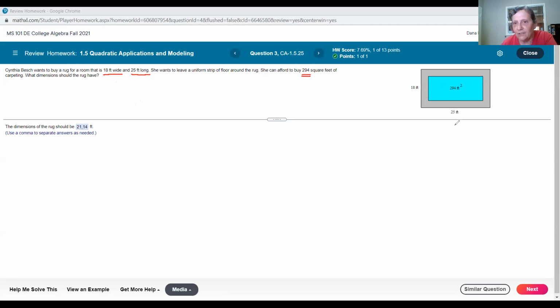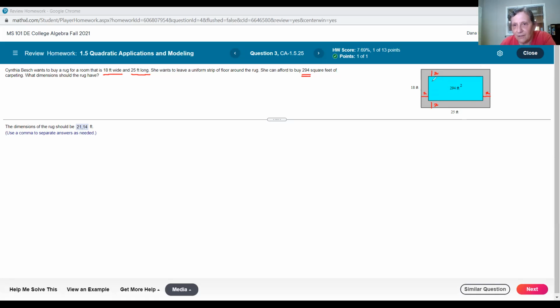Okay, the dimensions of the room are 18 and 25, but the rug is going to be in the center of the room with the same distance from the wall on all sides. So if this were, say, 2 feet, then this would have to be 2 feet, and this would have to be 2 feet, and this would have to be 2 feet.